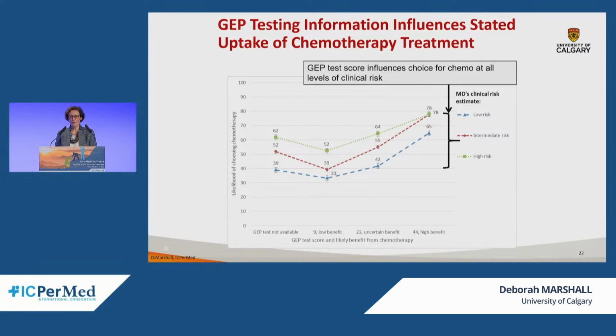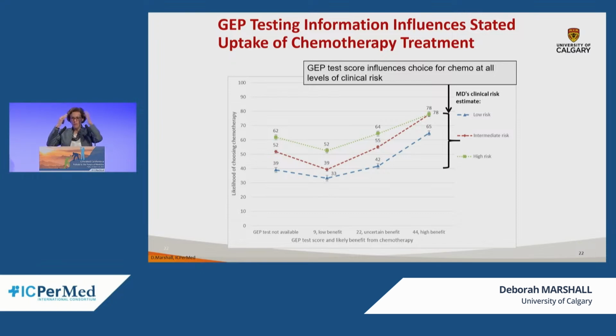Obviously, I haven't explained all the details of the study, but a key result, and I wanted to show this because it affects their stated uptake of chemotherapy treatment. So these are breast cancer patients who have had surgery, who are now at a decision point of whether or not they should get chemotherapy.